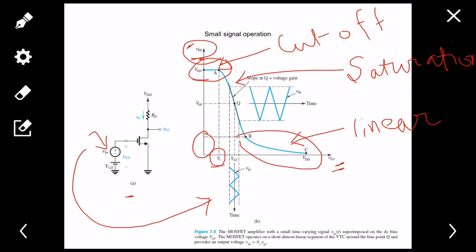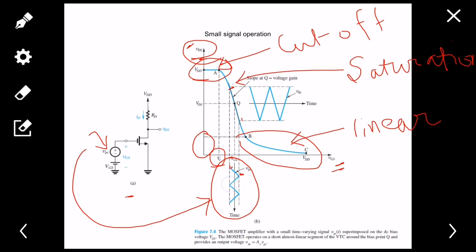So now if I apply a small VGS at the gate, you can easily understand this one, this negative point here is actually this point, right? Now this positive point becomes this point, right?